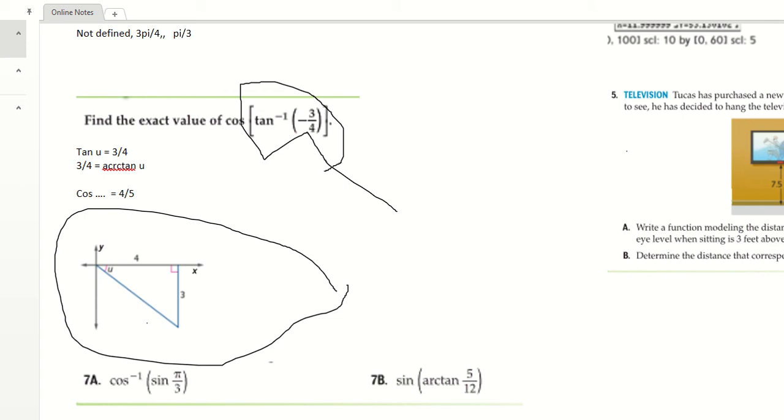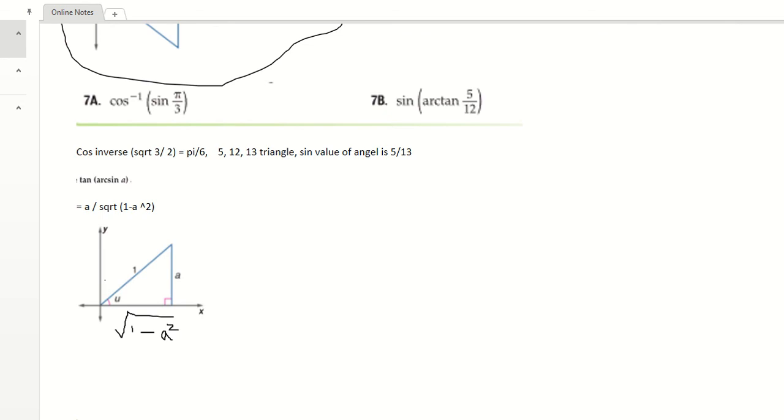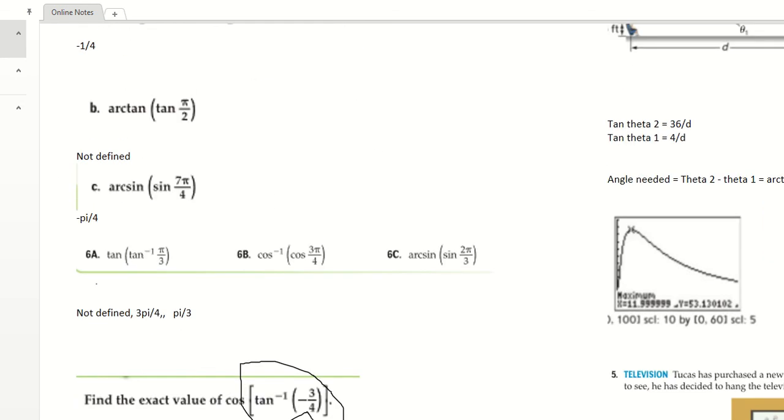But in trigonometry, sine and cosine are always ratios, and the radius length doesn't matter for those ratios. Don't worry, just draw. When you have a 3, 4, 5 triangle, just draw 3, 4, 5. You don't have to worry about the unit circle. The sine and cosine values don't change as long as the ratio remains the same.